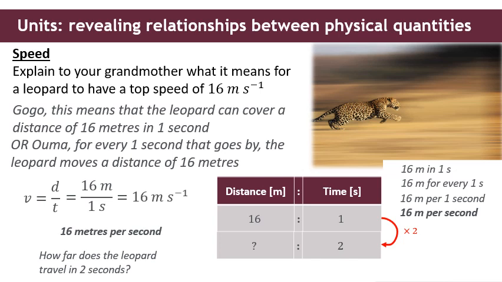What we do to the right-hand side, we do to the left-hand side. 16 multiplied by 2 gives you 32 meters traveled in 2 seconds. So that second line of the ratio table can be read as such, 32 meters traveled in 2 seconds. But importantly, that word per is reserved for when we have that number 1. 16 meters per 1 second.